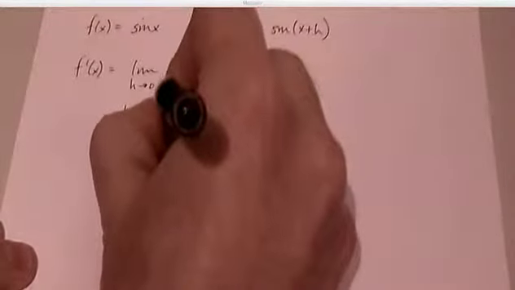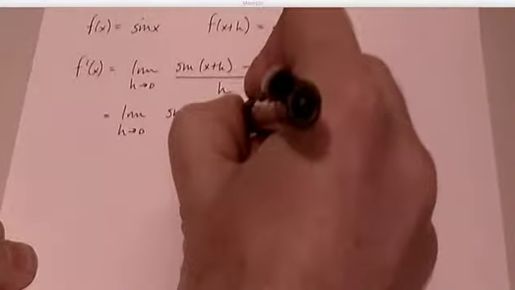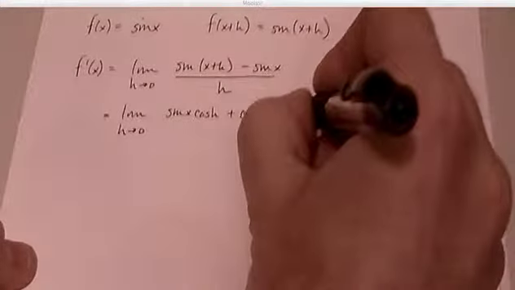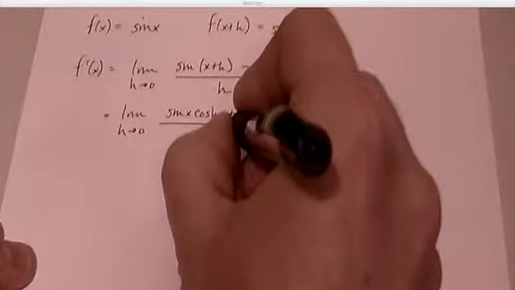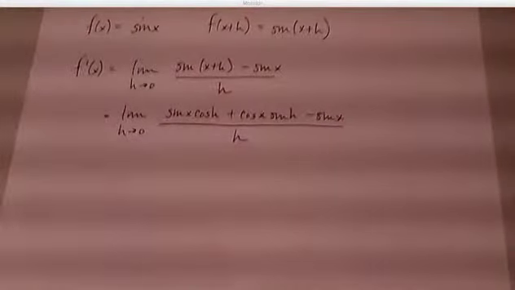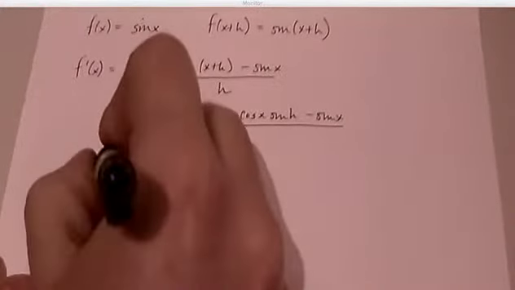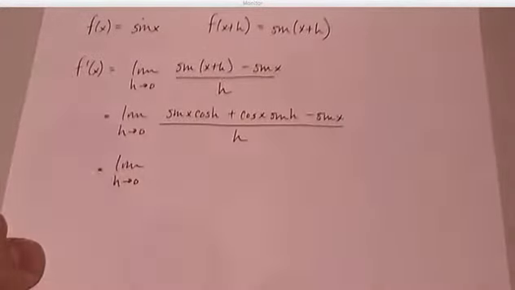Okay, and I get sine x cosine h plus cosine x sine h minus sine x, all of that over h. Now, we need to go ahead and just move things around a little bit. And if we move things around a little bit, I think that you're going to wind up understanding where we're going to go with this.